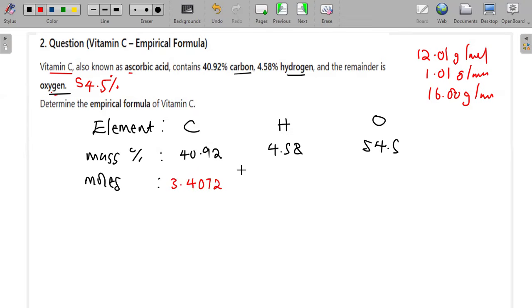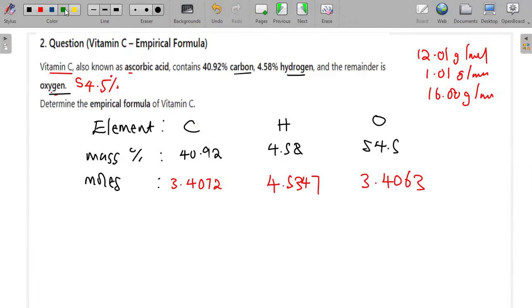Try it on your calculator as well. This one, 4.58 divided by 1.01, gives me 4.5347. What about the 54.5 divided by 16 for the oxygen? That one gives me 3.4063. So those are the moles.